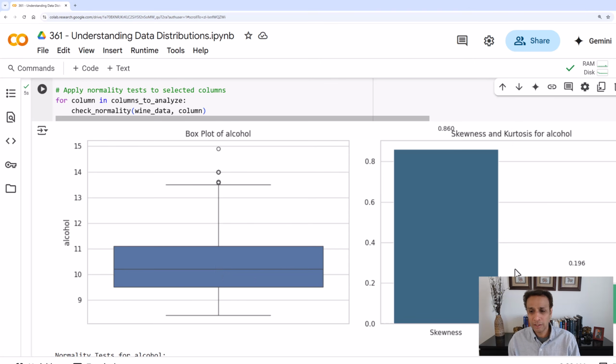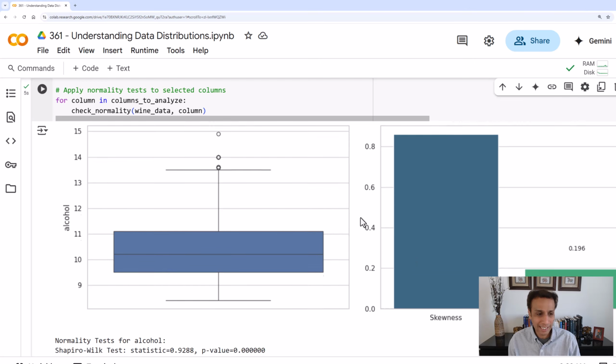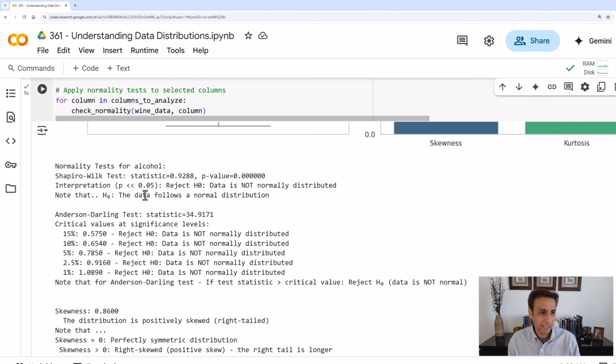And skewness and kurtosis, I just plotted them, but unless you compare them with other plots, the actual values at this point do not make much sense. But this should make sense. The Shapiro-Wilk test statistic is 0.9288 with a p-value of 0.0000. It's probably extending to a couple more zeros and then the actual value; I'm only printing the first 6 decimals right here.